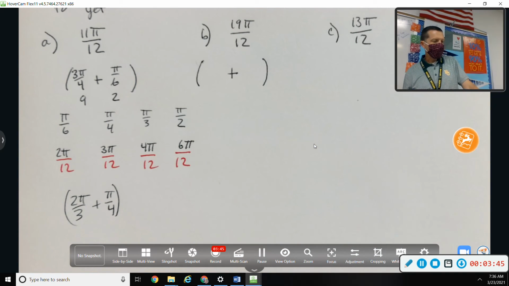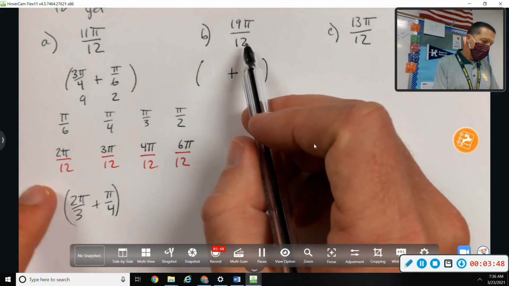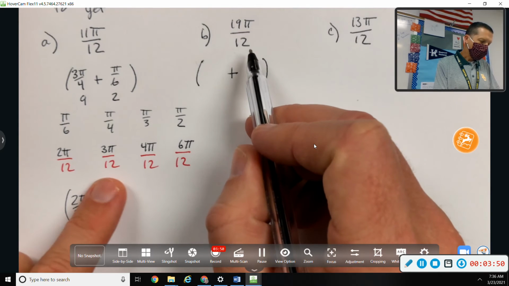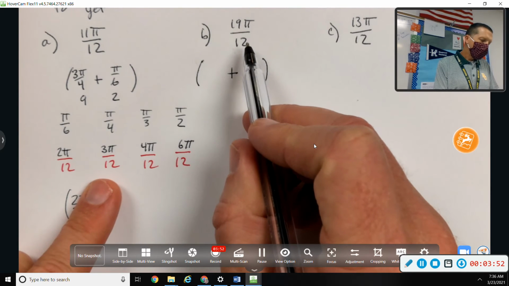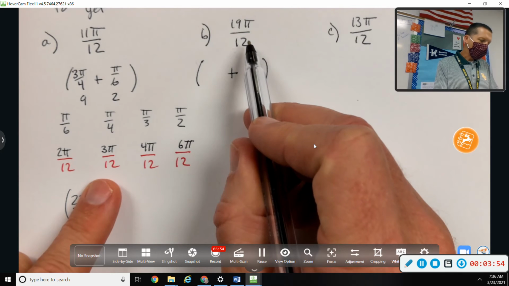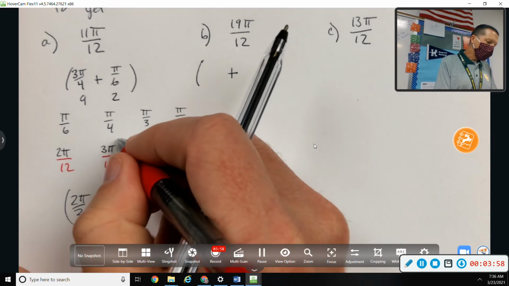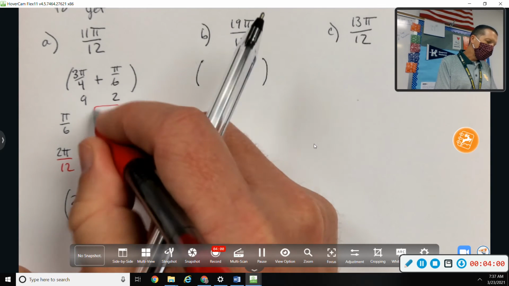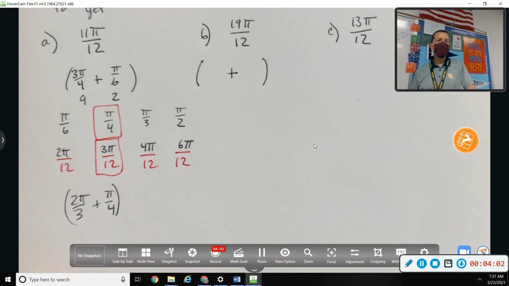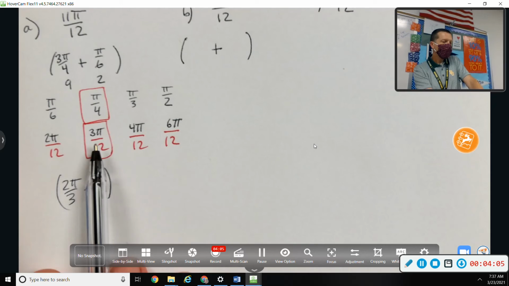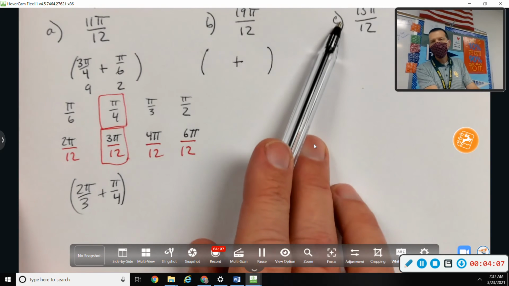So to get to 19, let's see. If you're ever stuck, I think I remember that you can always use one of these, because it's an odd number, and all of these are always odd numbers, or else they would reduce.